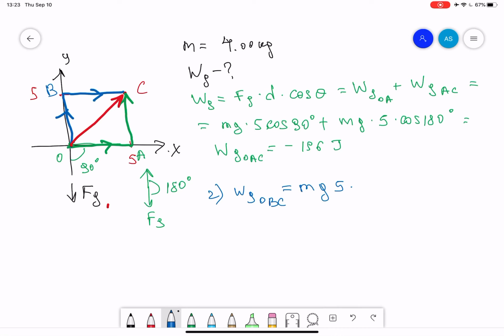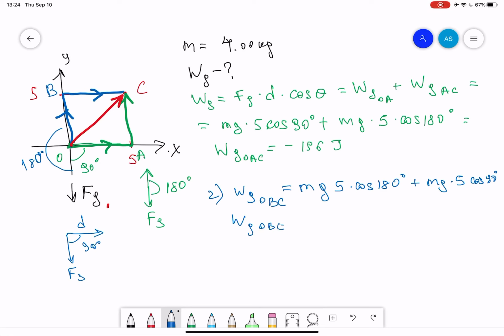As you can see here, the angle between them is 180 degrees, so cosine 180 degrees. Then plus mg times 5 meters, the distance, and this time the angle between Fg and the distance d is 90 degrees, so we put cosine 90 degrees. If you do the calculation, you will find that it is the same, minus 196 joules.